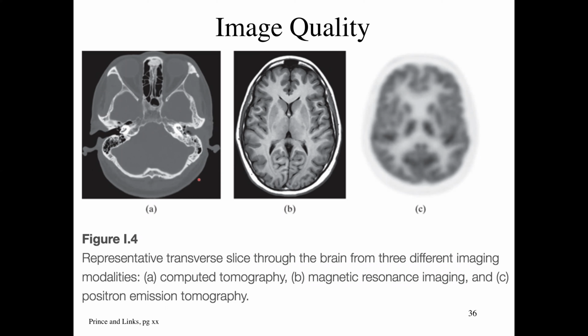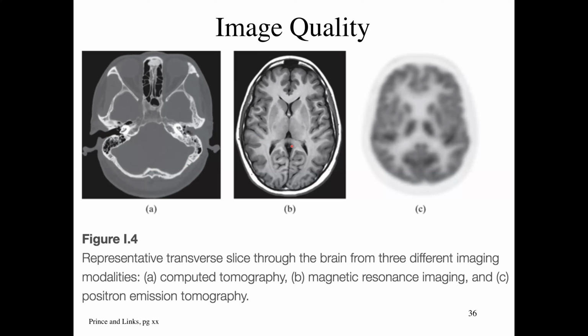So here's 3 different imaging techniques. This on the part A is CT, where the contrast is very low between the different types of brain tissue. However, the contrast is very high between very fine bone structure and the brain tissue. So we're actually looking at a component of the CT image that's up at the bone level here.